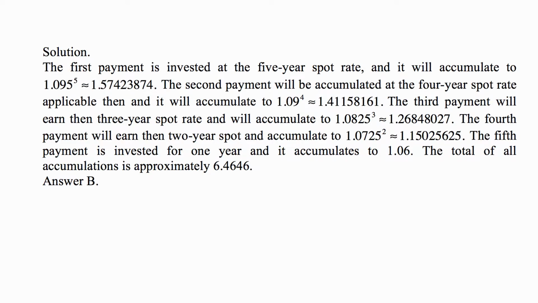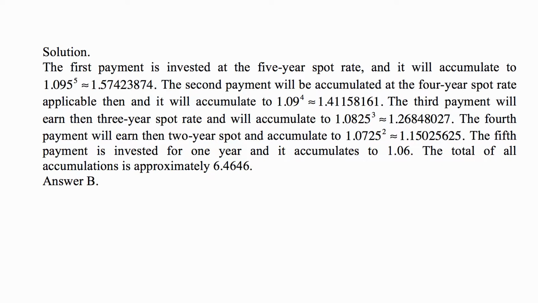Okay, so the first payment is effectively invested at the 5-year spot rate, and it will accumulate to year 5 because it's paid at time 0, and then we value everything after 5 years. So it will accumulate at that 5-year spot rate of 9.5% to the amount that you see here.